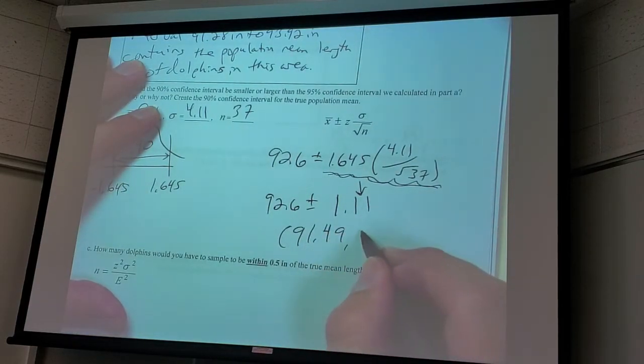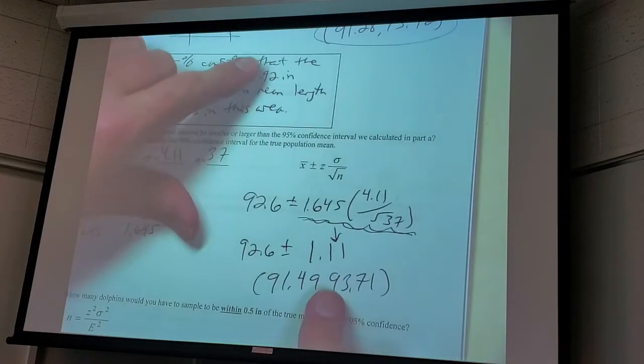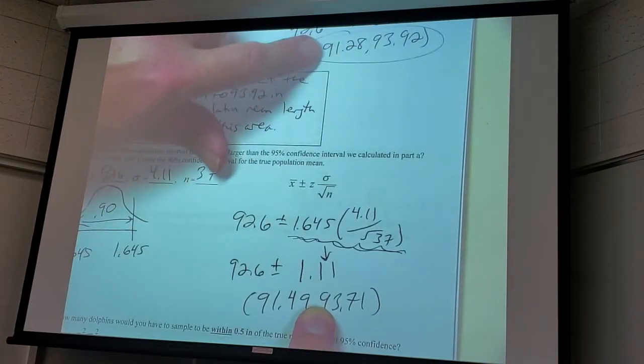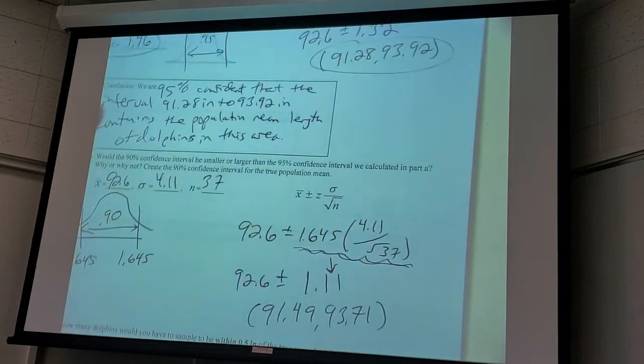Give or take, that's exactly what we're doing. And do you see how that interval lives inside of this interval? This interval is smaller, which is supposed to be, because it's supposed to catch 5% less of the data.